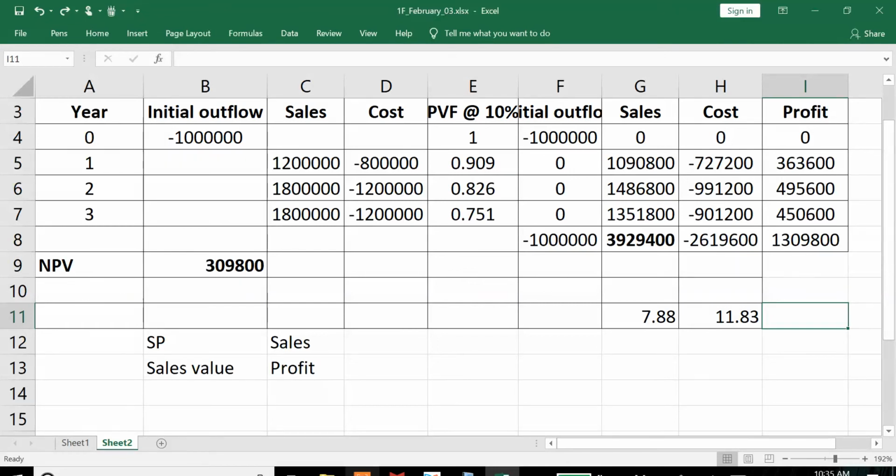Sensitivity percentage is equal to change by base into 100. Base is 13,09,800. Change by base into 100.